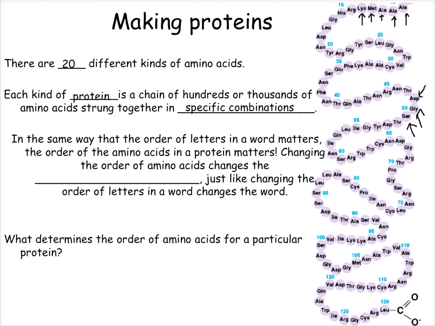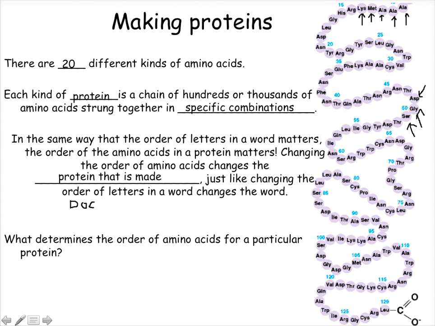Now, in the same way that the order of letters in a word matters, the order of amino acids in a protein also matters quite a lot. Changing the order of the amino acids would actually change the protein that is made. Just like changing the order of the letters in a word, like this word here, for instance.